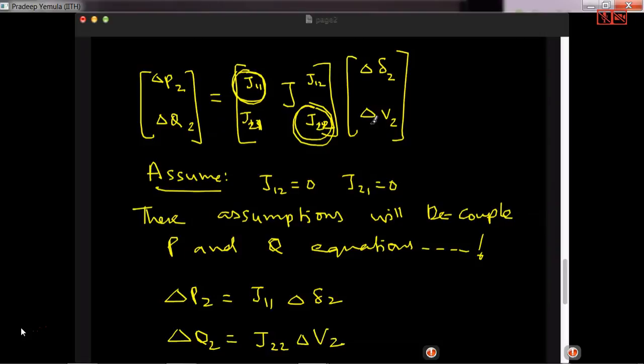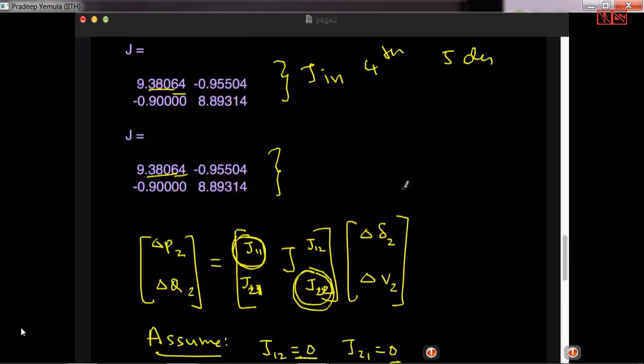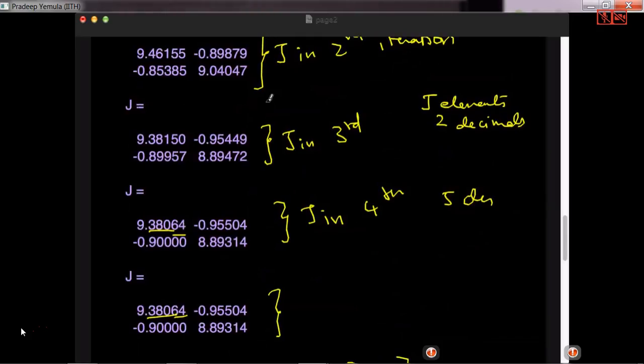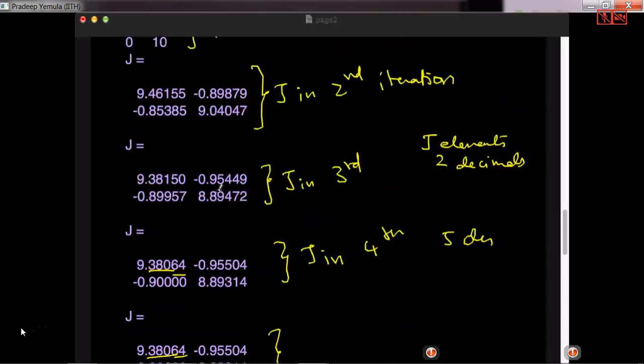So the V2 term does not come in the first equation and the delta 2 term does not come in the second equation. Therefore these are decoupled. So why are we assuming this as 0? Of course, I will also give the practical or theoretical justification for that. But if you look at our Jacobian matrix, this term is relatively very small compared to this one, which is 8.89 but this one is 0.9. So hardly 10% of that.